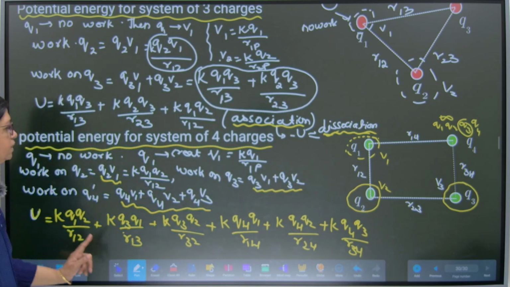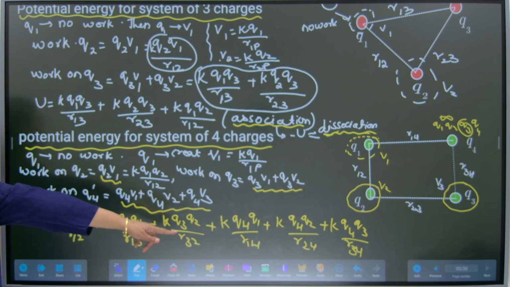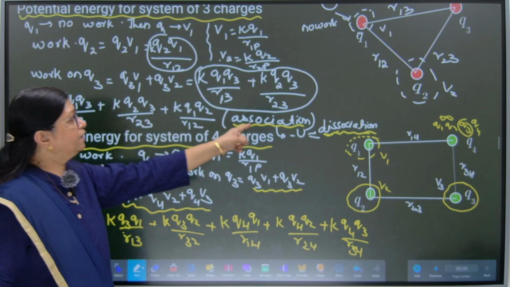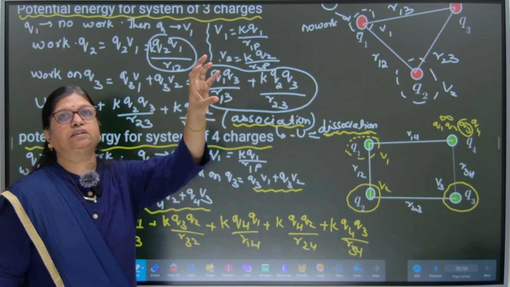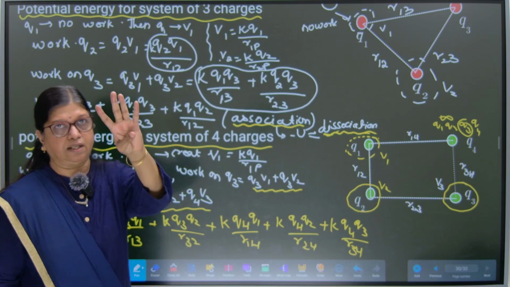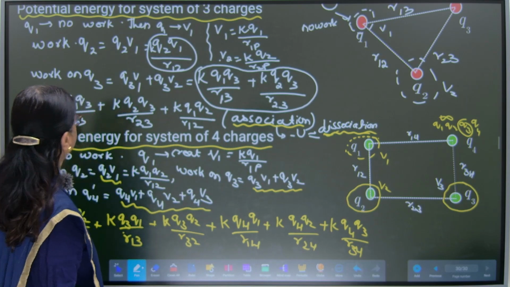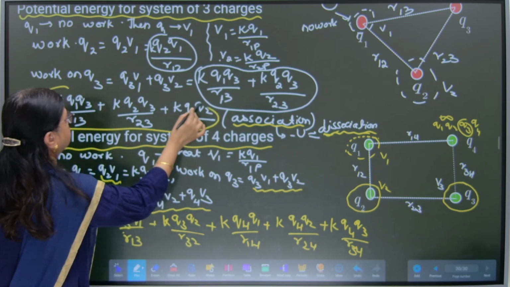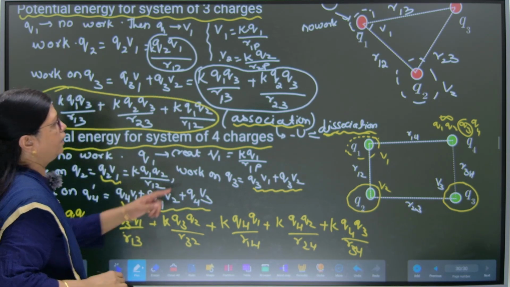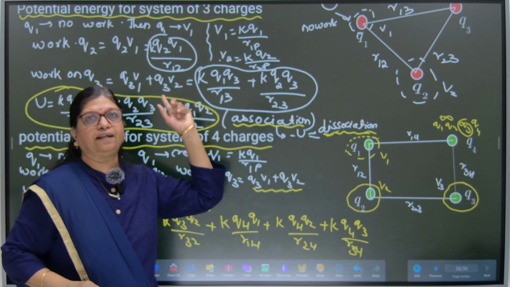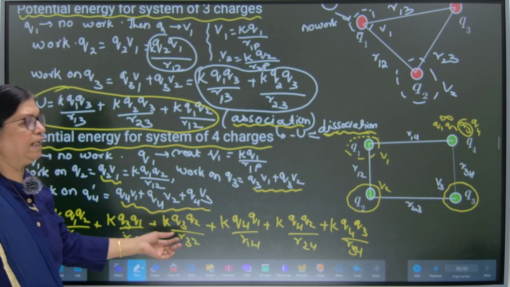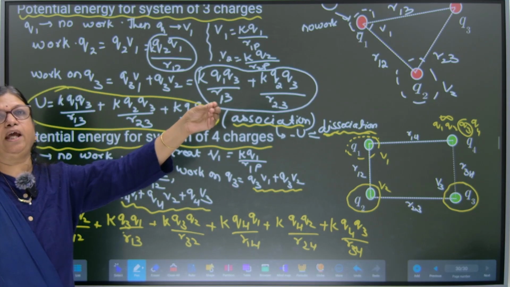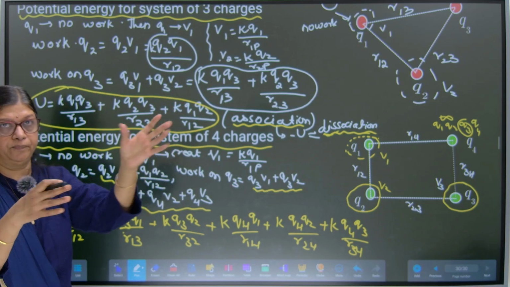Okay, so all the 6 terms I have written. So this is the potential energy to associate a system of 4 charges. This is potential energy to associate the system of 3 charges. If they ask for dissociation, you find this answer out and then write negative. That will give you the energy of dissociation, meaning breaking.